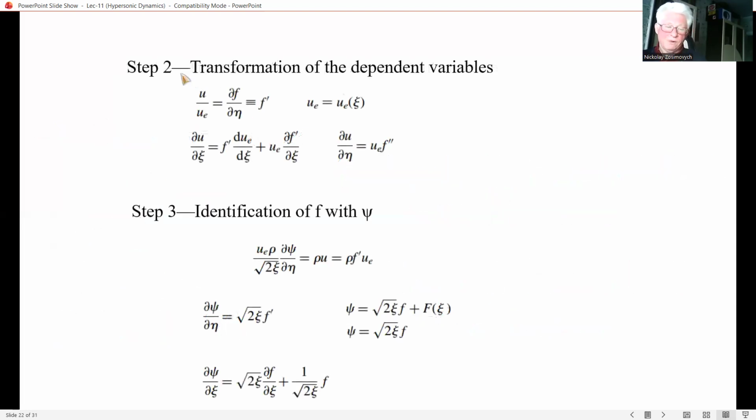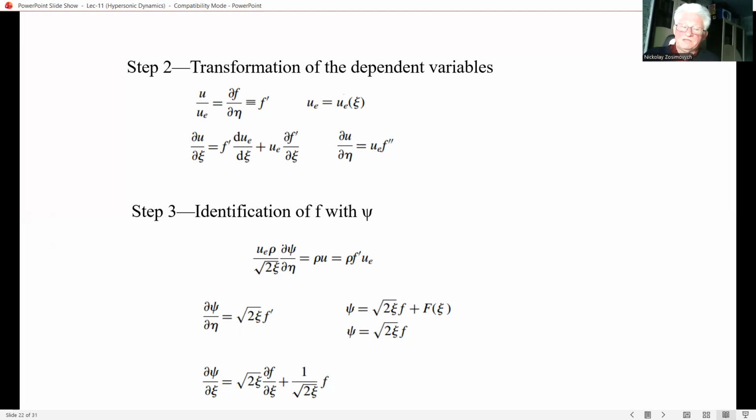Next, step 2, transformation of the dependent variable. So here, let us define a function f of zeta and eta, as we can see on the first expression. Here the prime denotes, for the time being, the partial derivative with respect to eta, here Greek letter eta.